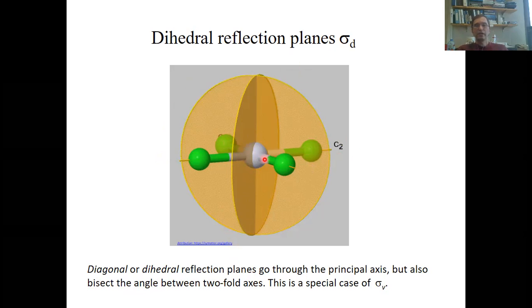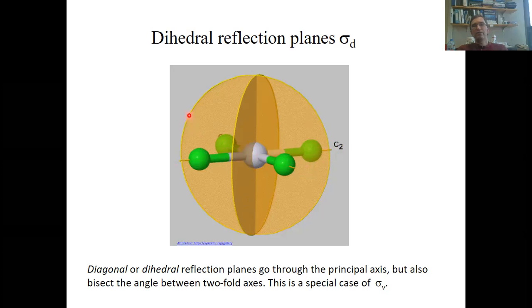Okay, so this is again our hexachloroplatinate anion, which is square planar. So we have here these C2 axes that go to the bonds.